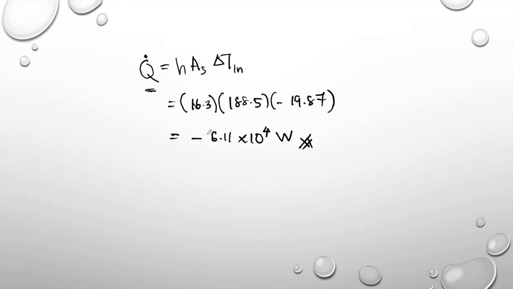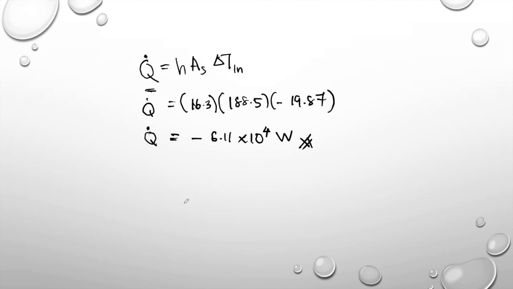From this value, you do not have to worry about this negative sign. This negative sign represents that the Q has been released to the atmosphere. If you want to state how much energy has been released, you just need to state that it is around 6.11 times 10 to the power of 4 watt.